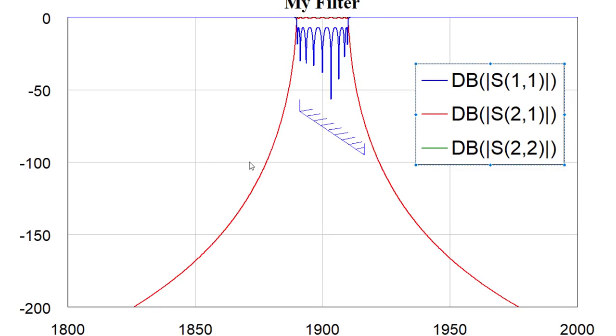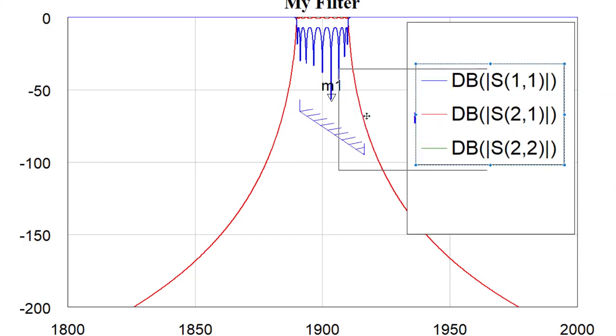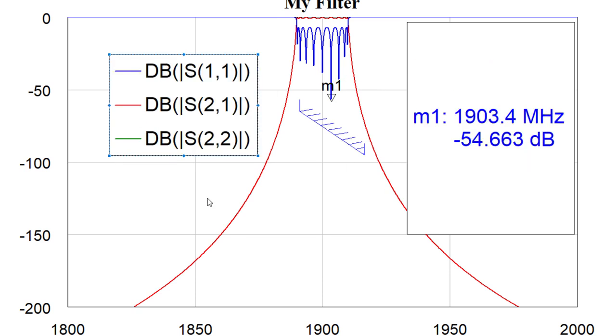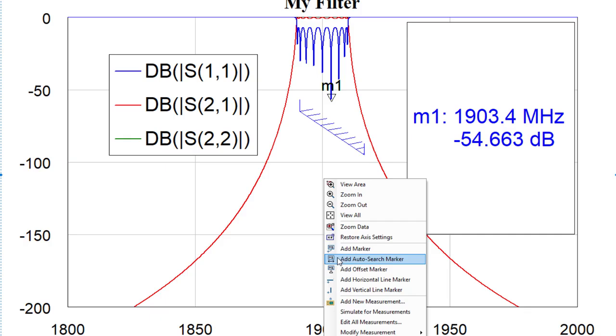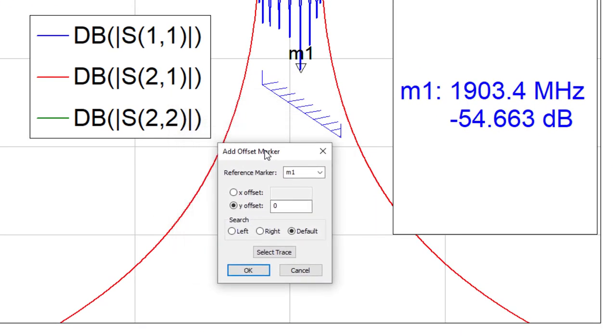I can do things with markers that I just couldn't do before. For example, if we add a marker here, and I'll add it to the return loss trace, notice first of all there is an option where the marker actually gets the color of the trace, which I've enabled. Second of all, if we add another marker, an offset marker, and I will go ahead and do so.